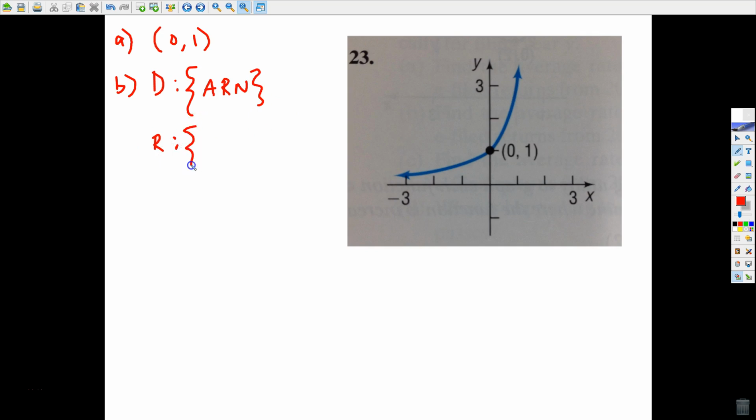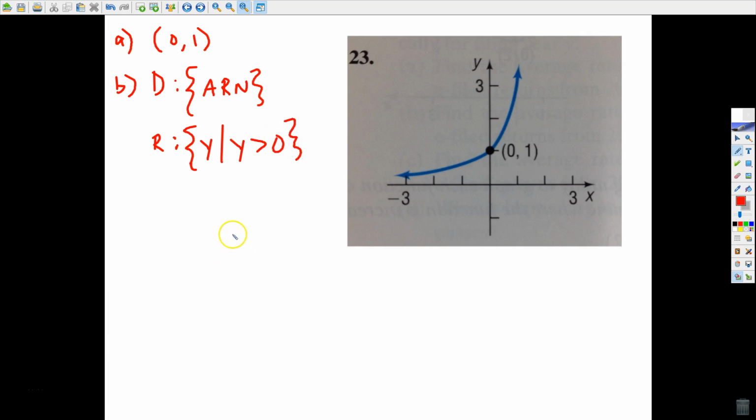For the range, this particular range, the values approach the x-axis where y is 0, and then they go up forever from there. So we're going to state the range as all of the y values such that y is greater than 0.